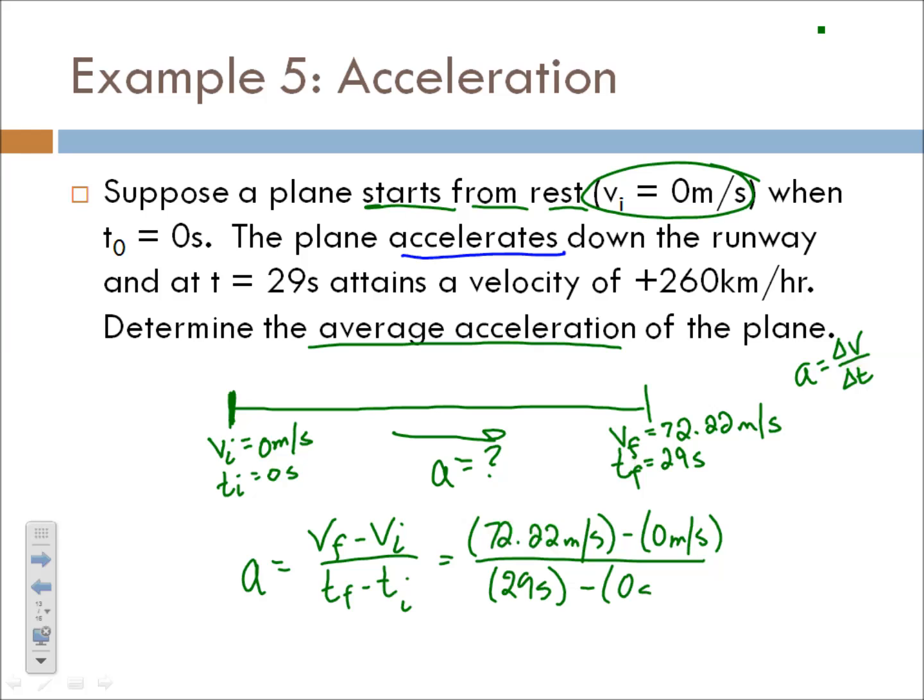Initial time, 0 seconds. Plug all this in and do a little bit of calculation. And what we find is we get a positive 2.49 meters per second squared for acceleration. That is our rate of acceleration. We are changing our velocity by positive 2.49 meters per second every second. So there's our first example.